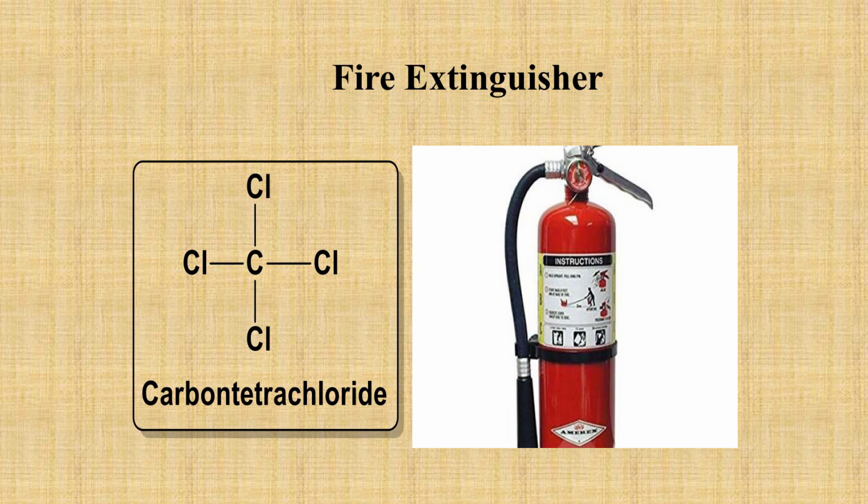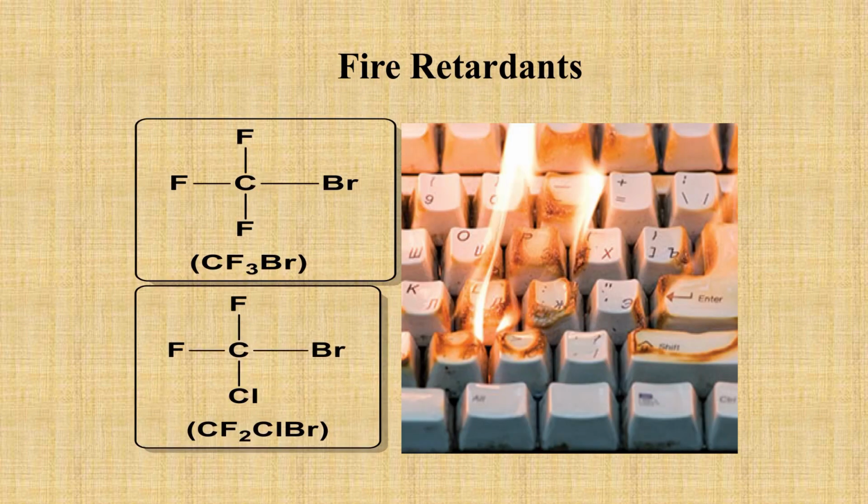Carbon tetrachloride is used in fire extinguishers to put out fire. Students, next you see fire retardants. There are 2 chemicals also used to put out fire. They are called fire retardants. Fire retardants and fire extinguishers both have chemical compounds of haloalkanes and haloarenes.